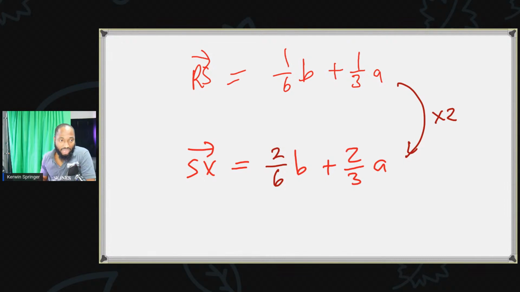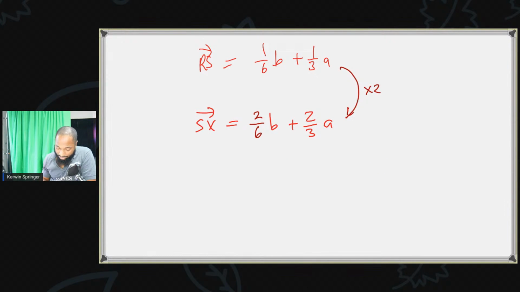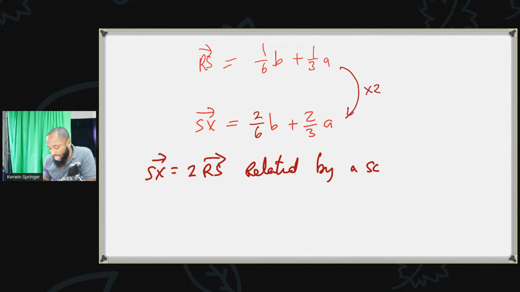So then after that, you just write your essay. Sx is equal to 2 times Rs, related by a scalar factor. I like scalar factor these days instead of using the multiple. Scalar factor of 2.